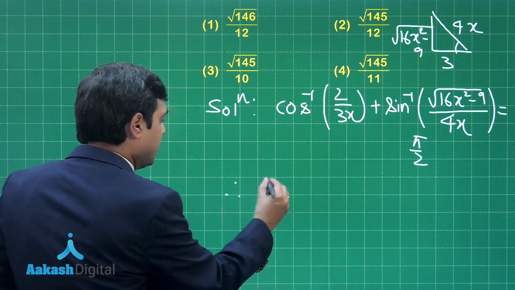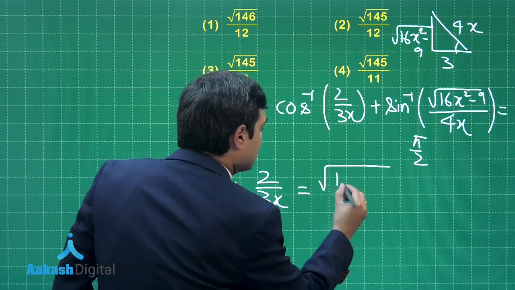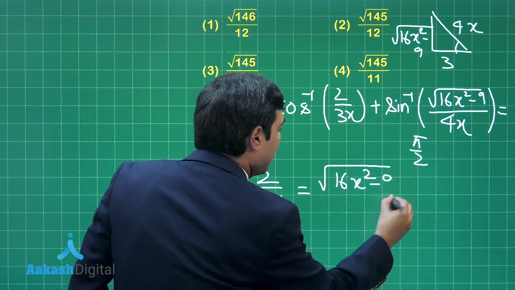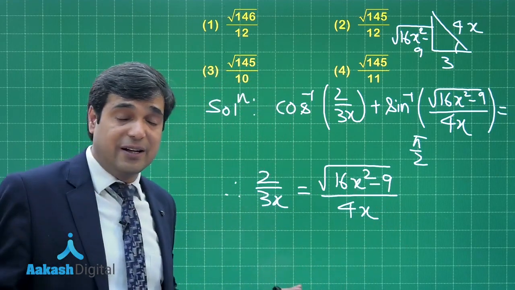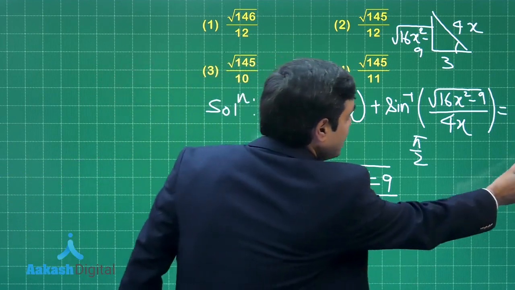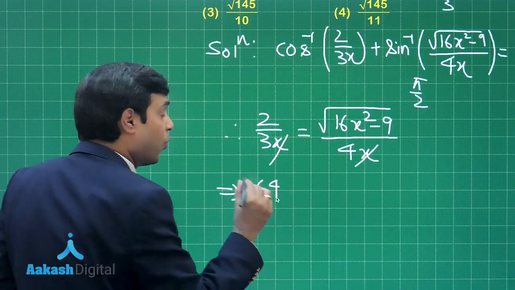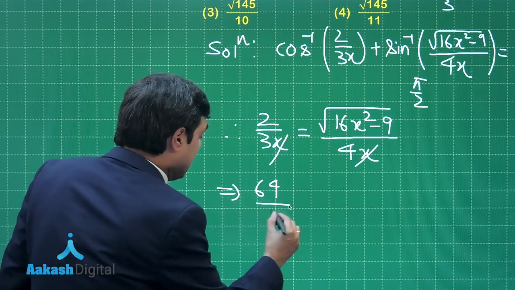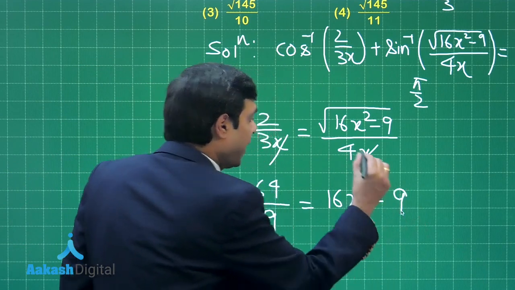So, we have 2 by 3x is equal to square root of 16x square minus 9 divided by 4x. x can be cancelled as it is non-zero. So, cancelling x on each side and squaring, we get 64 by 9 is equal to 16x square minus 9.